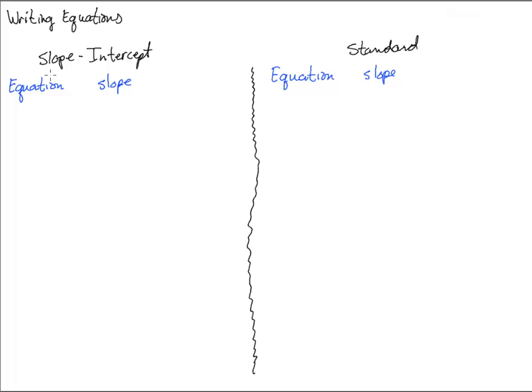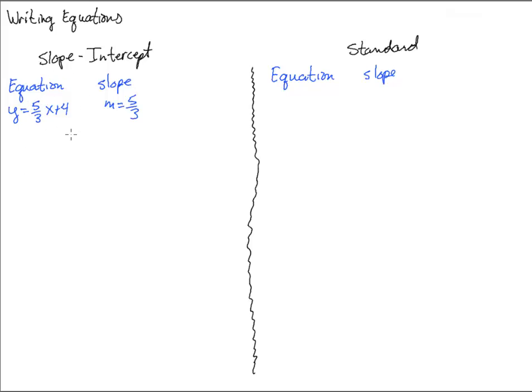So, as a reminder, we have two major forms, slope-intercept and standard form. And let's review first with slope-intercept how we got these equations. If you had an equation y equals 5/3 x plus 4, the slope is, oh look at that, the slope is 5/3. It's just the number right in front of there.